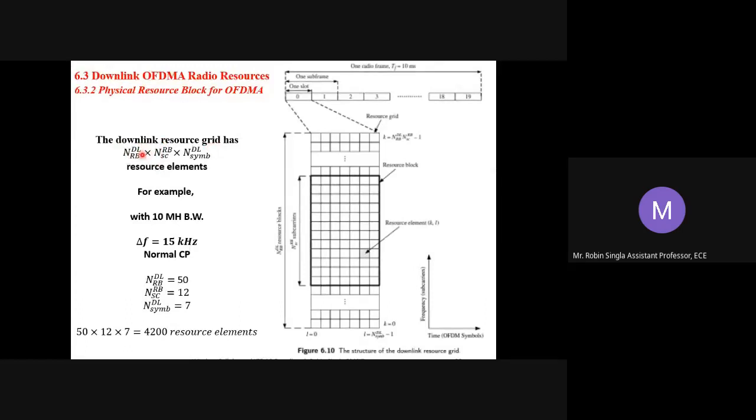NDL RB is the total number of resource blocks, and the number of elements in one resource block is NRBSC, the number of subcarriers, times the total number of symbols. So this is the total number of resource elements in a downlink resource grid.